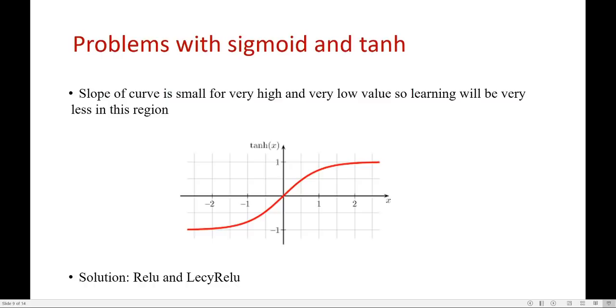But here, for higher and lower values of z, we have a very small slope. In such regions, the learning will be very slow. So the solution for this is ReLu and Leaky ReLu.